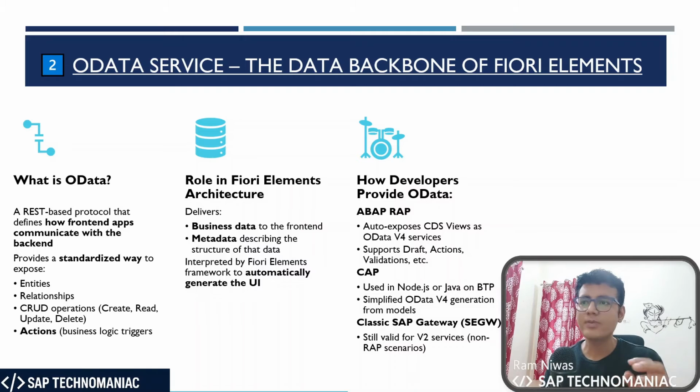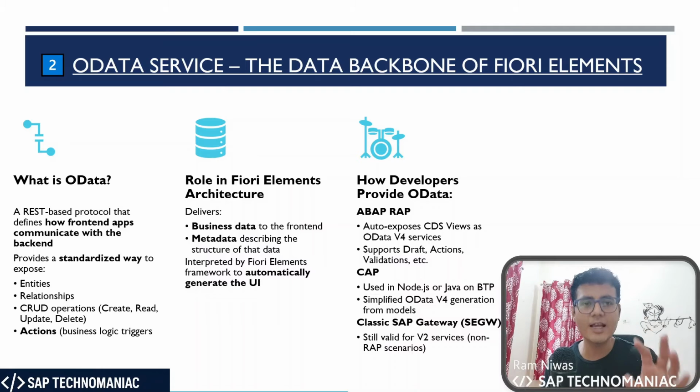Apart from RAP and all these options from the S/4HANA system, if you are creating your OData service in the BTP, or if you want to use side-by-side extensibility, a loosely coupled application, or if you want to build a standalone application in BTP, you can use RAP also, and you can use CAP also, based on your expertise.